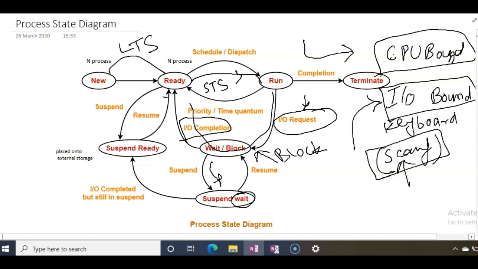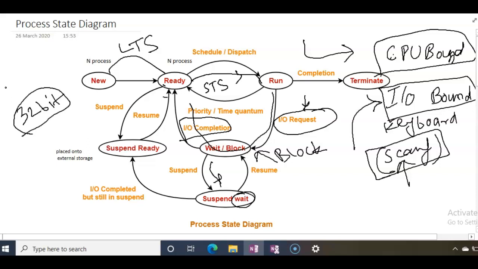And one more thing, that if a process goes from new to ready state, and from ready there is some suspension, I mean the address of this process is more than your physical memory. If your physical memory is of 32-bit, but the process requires more bits, then it will go to your virtual memory.